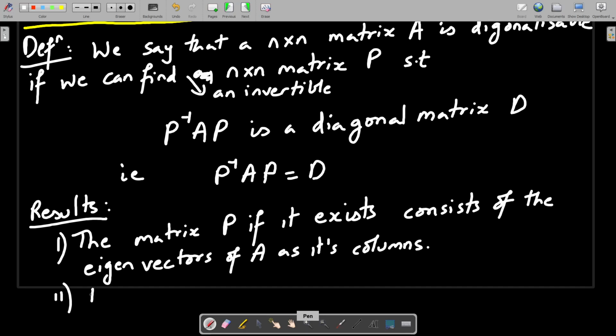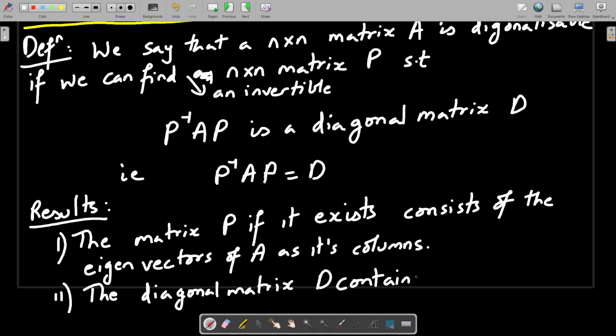Second, the diagonal matrix D contains the n eigenvalues of A. We'll get n eigenvalues for A, right?